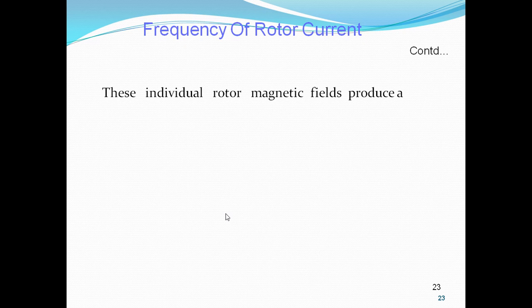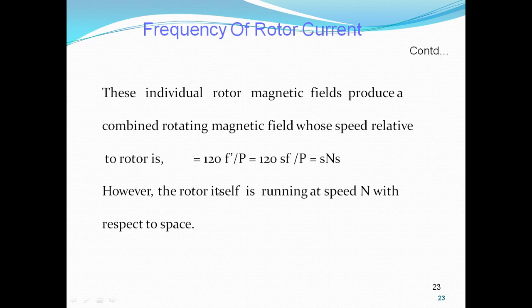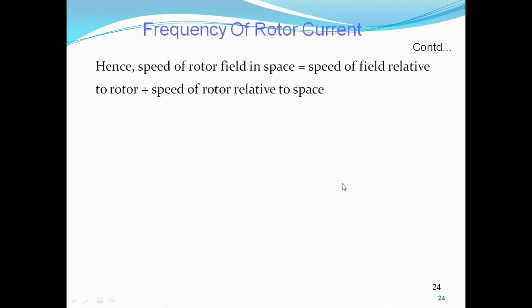Thus, the individual rotating magnetic fields produce a combined rotating magnetic field whose speed relative to the rotor is 120F'/P. That is 120 into F', where F' is s into F, so that is equal to s into ns. The rotor itself is running at speed n with respect to space.